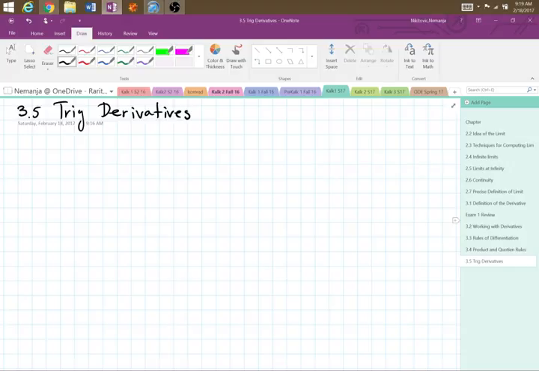What makes this section long is the proof for one of these, where in order for us to understand the proof, we have to memorize 2 limits, which you are actually going to discover how to do all the way in chapter 4.